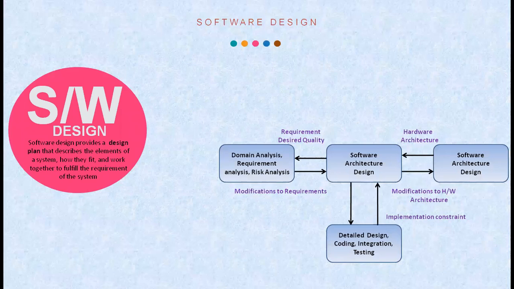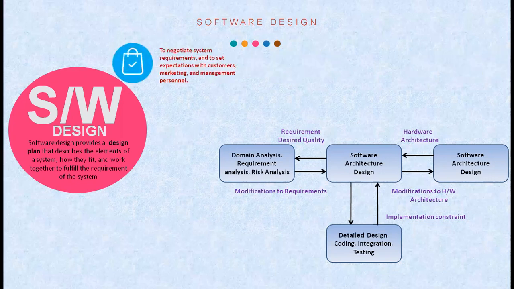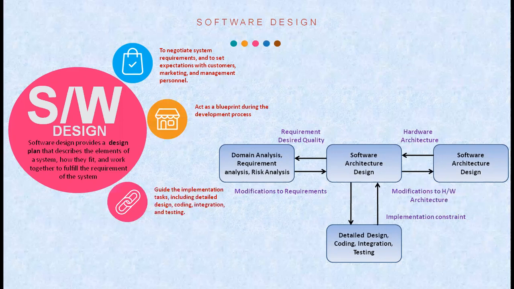The objective of having a design is to negotiate the system requirements and to set expectations for the customers, and this also acts as a blueprint during the development process. So the software design is a guide for implementation of tasks, including the detailed design, coding, integration, and testing.